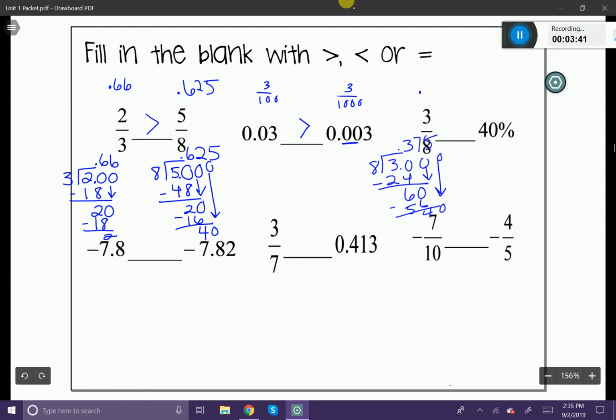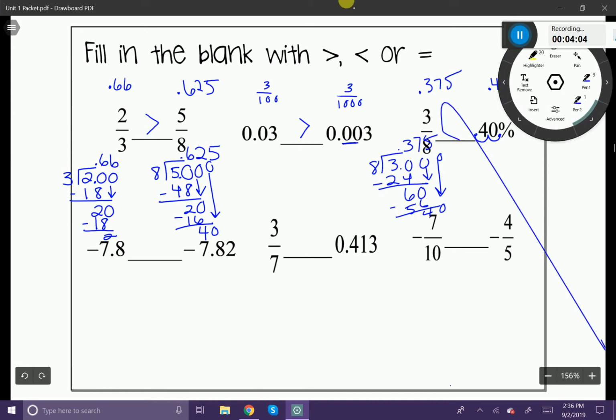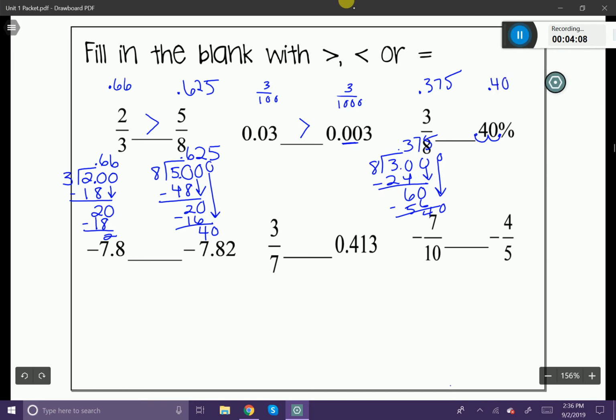So my decimal is going to be 0.375. Now over here, 40%, if you remember, when we convert percentages into decimals, I have the decimal right next to the percent. I'm going to move it 2 spaces to the left, giving me 0.40 or 0.4. You can see that that 40% is going to be larger than the other number. So I'm going to go ahead and put a less than symbol.